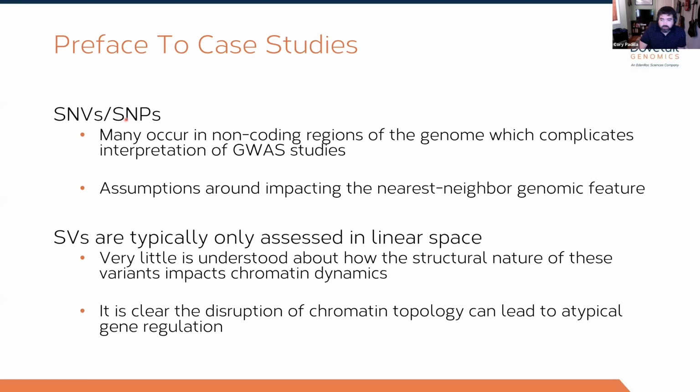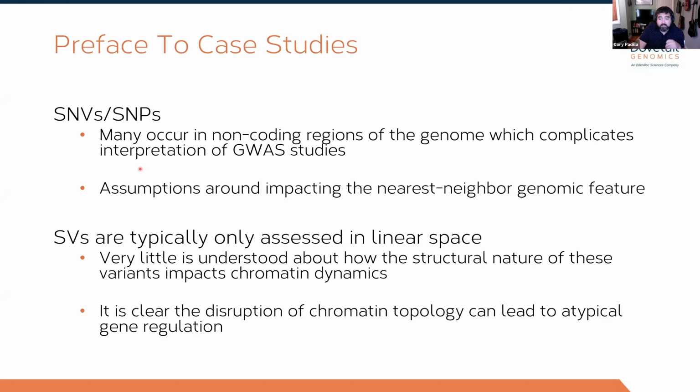And so when we're thinking about a single nucleotide, it's good to keep in mind that many of these SNPs and SNVs occur in non-coding regions, and it's really hard to assign what these variants are doing. And so the term that's popped up around them is VUSs, variants of unknown function, right?